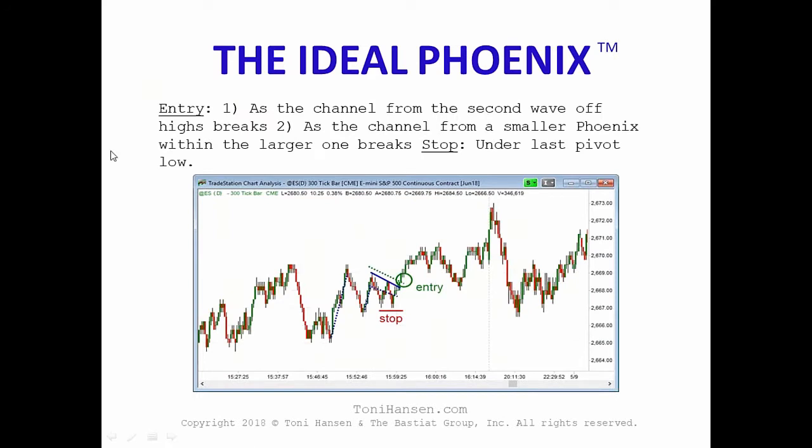So for an entry on the Phoenix, there are several points that you can use as an entry. The first one is to look for that two-wave correction and then take a channel break as it comes off of that second move. Now, if the second move is as fast as the first one, you might get another shift to change that momentum a little bit to get a stronger breakout.